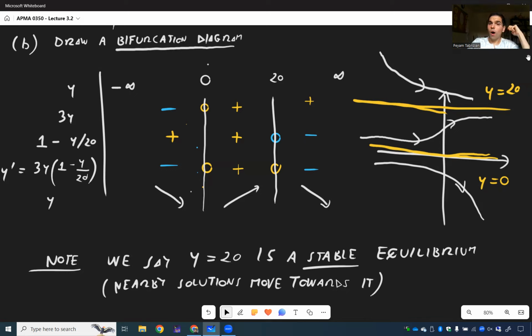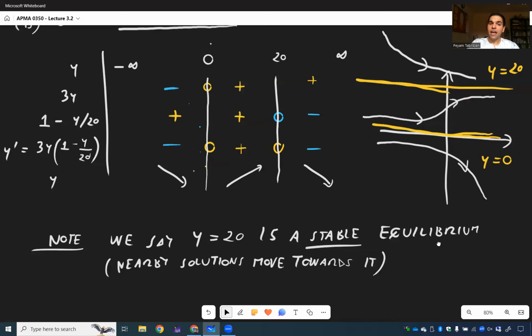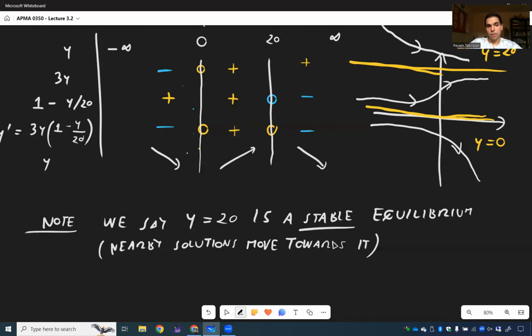On the other hand, y equals 0, notice solutions move away from it, and that's what's called unstable. y equals 0 is an unstable equilibrium.